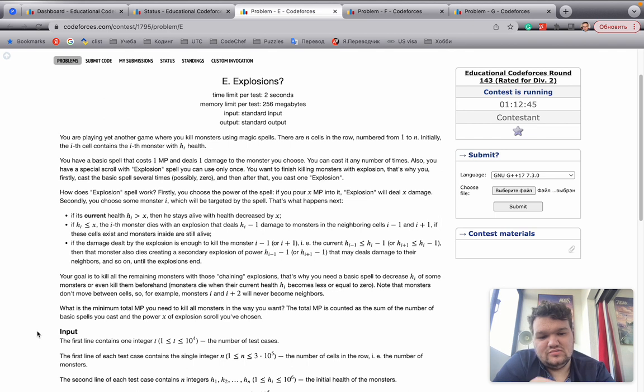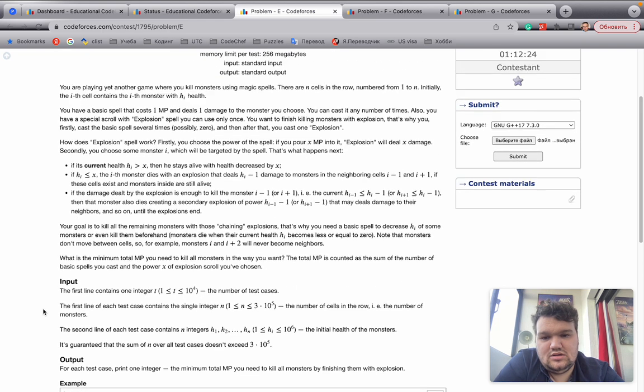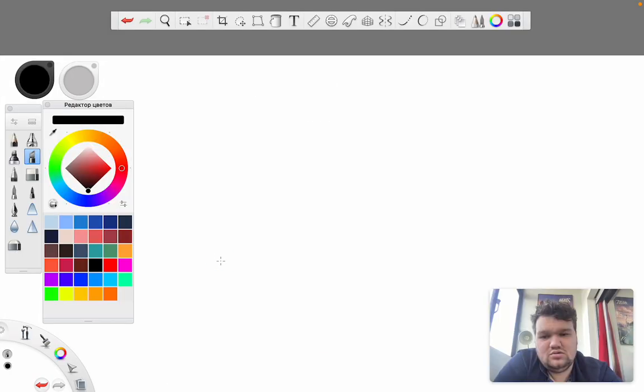Okay, so from the one we start with, the health should strictly decrease in both directions to kill everyone. Monsters don't move between cells.